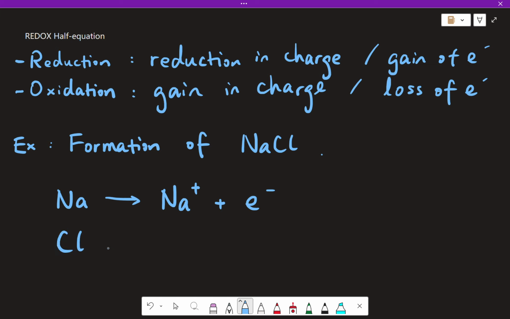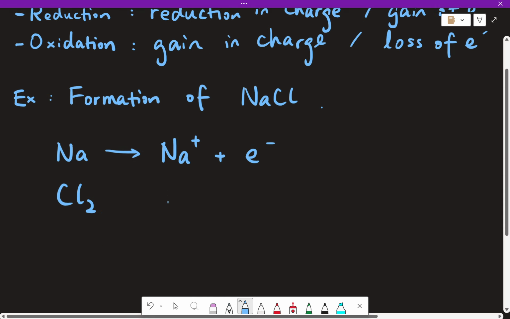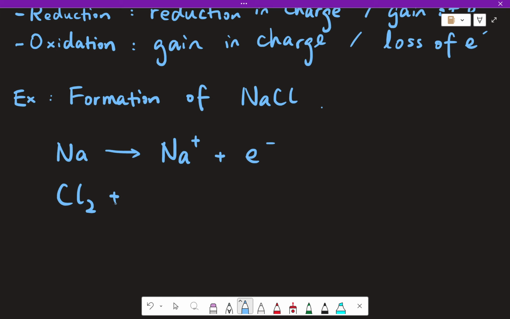Chlorine, on the other hand, exists as chlorine gas in nature, and for each chlorine, it needs to gain 1 electron to become a chloride, an anion, to react with the positive sodium ion.